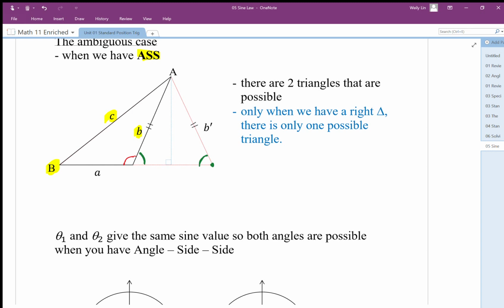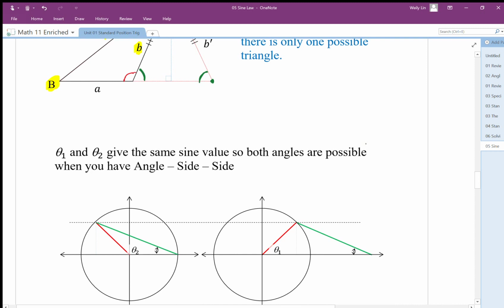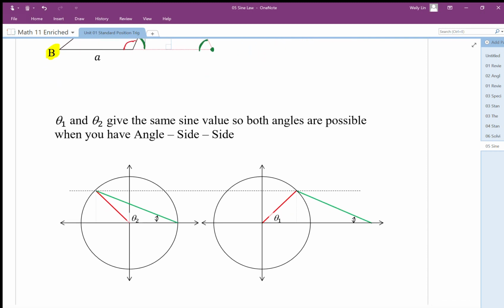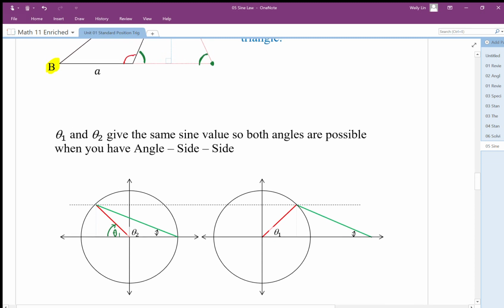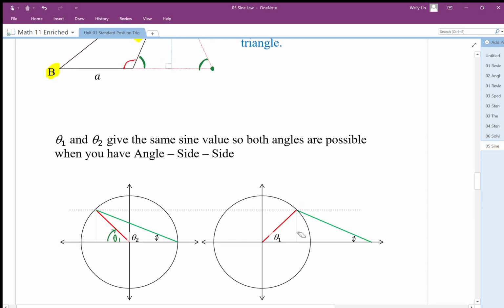Now, it is also related, and this is the connection that makes it a lot easier to do as well. It's also related to theta 1 and theta 2 when we do arc sine. Okay, so in the unit circle, here is theta 1, and theta 2 is going to always be 180 degrees minus theta 1. Because remember there's going to be my theta 1, and because of the symmetry of sine, it's just going to go backwards like that. So theta 1 and theta 2 here, this is what we dealt with in the circle.